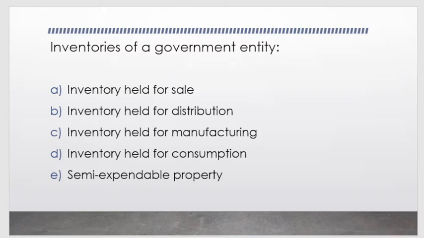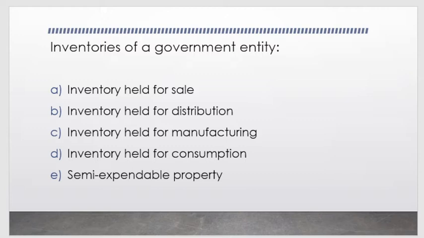So, kung isang government agency is manufacturing a particular item of inventory, kailangan i-recognize natin itong mga inventory na hindi pa natin ipine-place into production as inventory held for manufacturing. Inventory held for consumption, this includes office supplies, inventory, and among others.